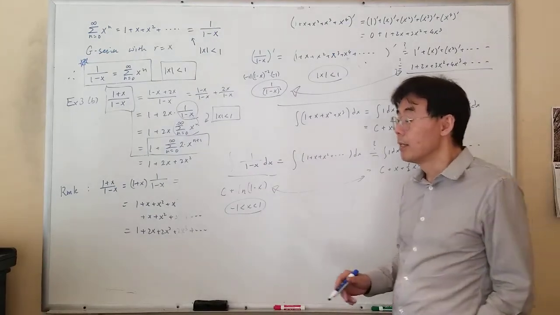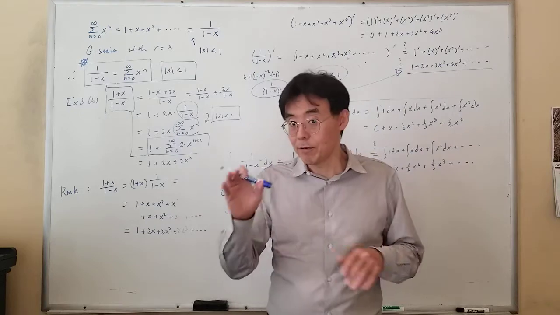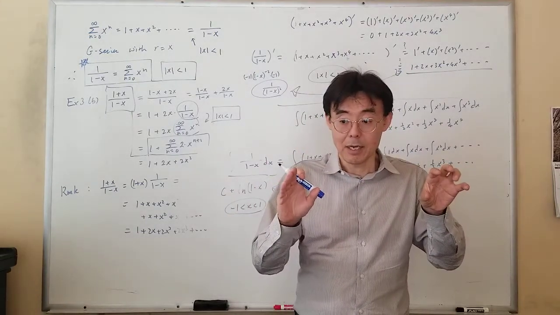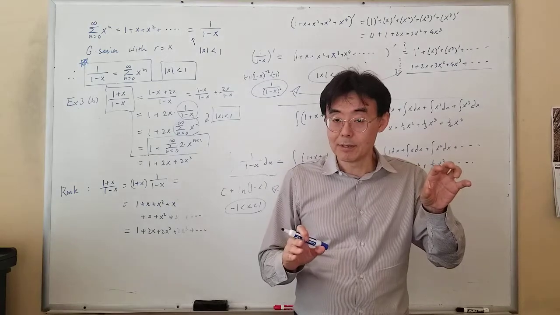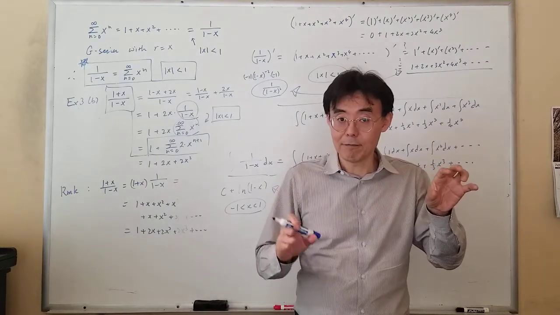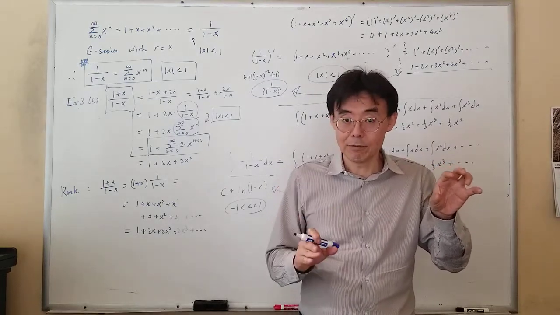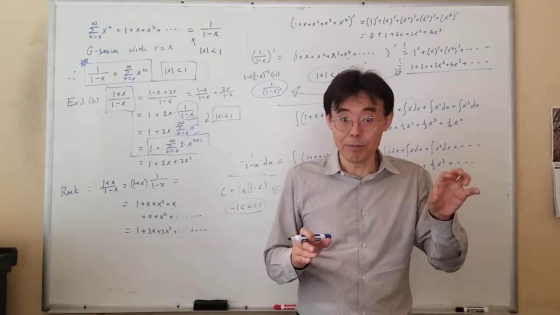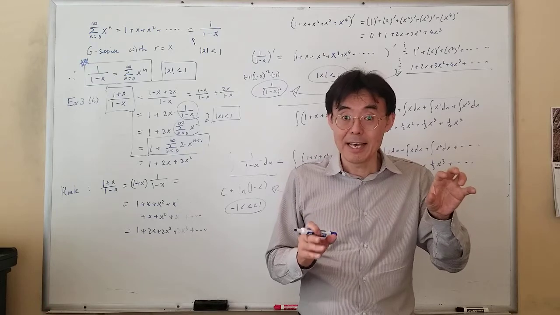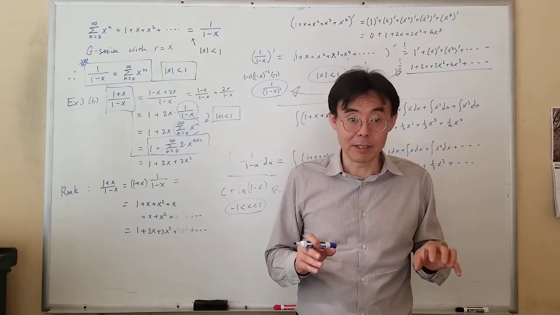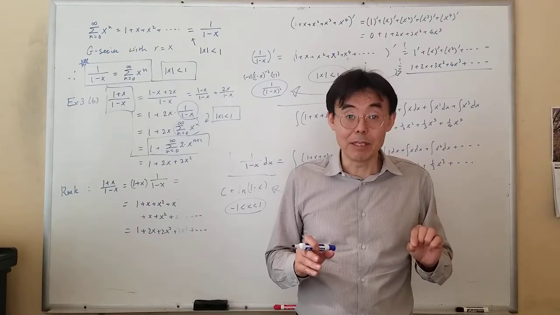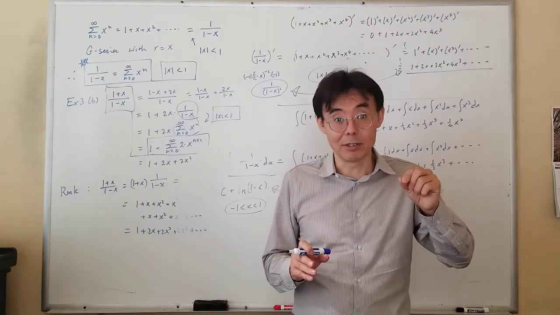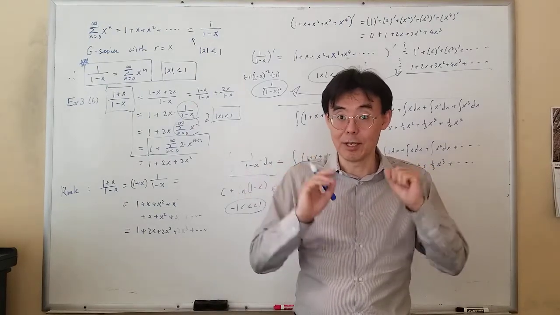So, just like differentiation, if you have a function f with a power series representation, now you have an antiderivative, an indefinite integral of this function. This one will also have its own power series representation, and that power series representation can be obtained by doing term by term integration of the power series of the original function f.